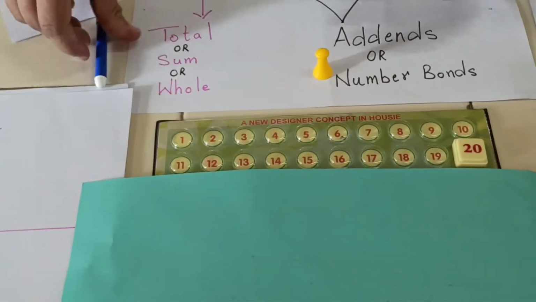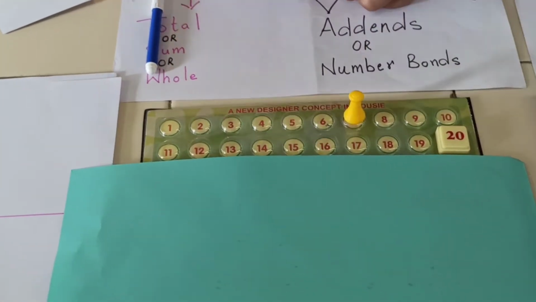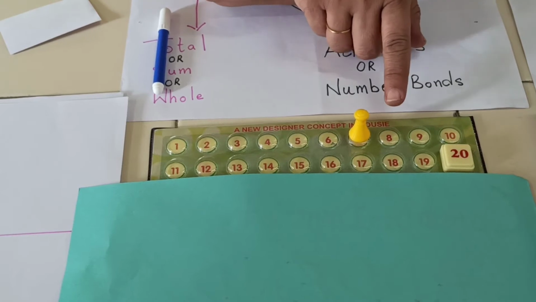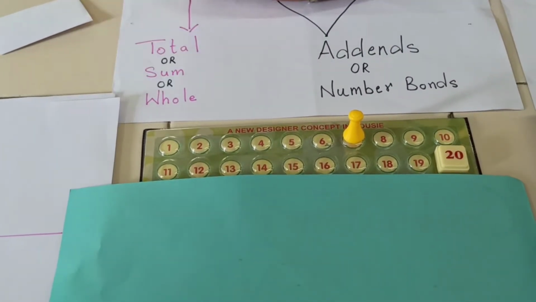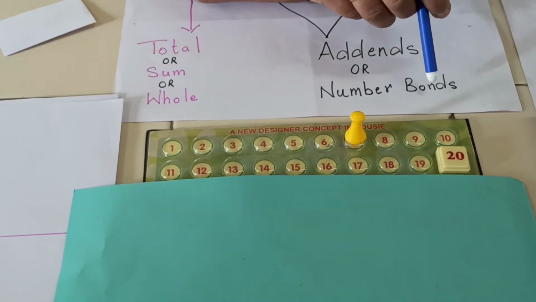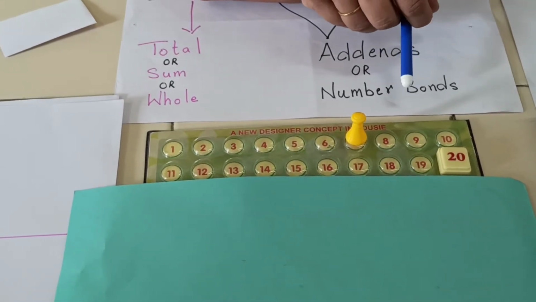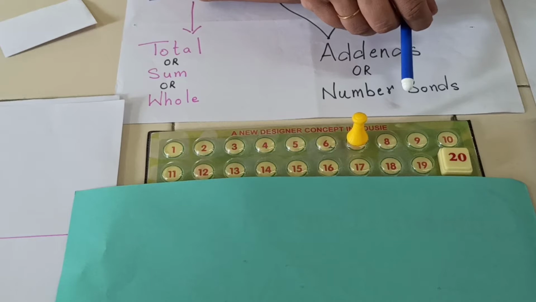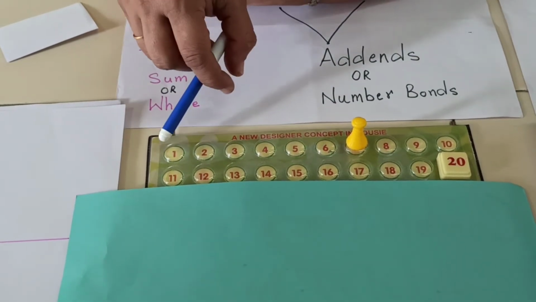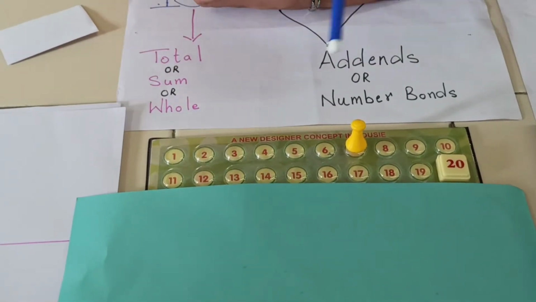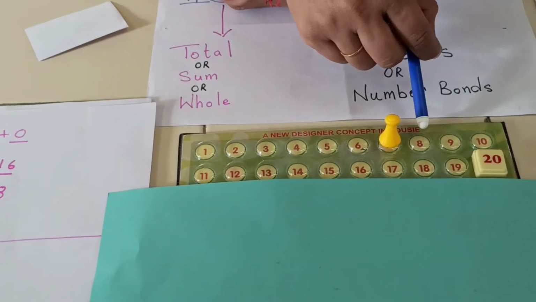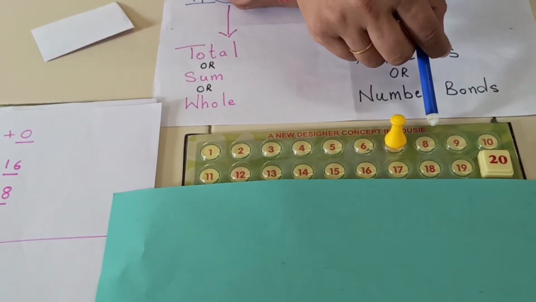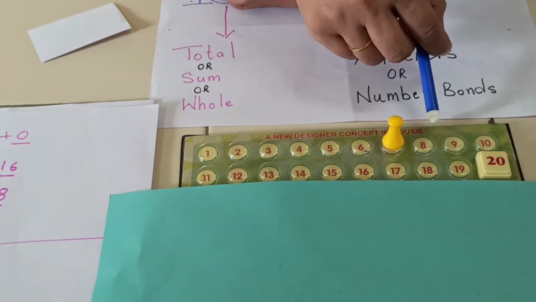Okay, now tell me the first addend. And remember the rules, follow the rules, then it will be easy for you. Tell me what I should do now. Now you have to move till 20 to get our first addend. Should I go this way? No, you have to go towards your right hand side. Okay, that means I'll start counting from 8. Yes, but you have to then count forward from 8.